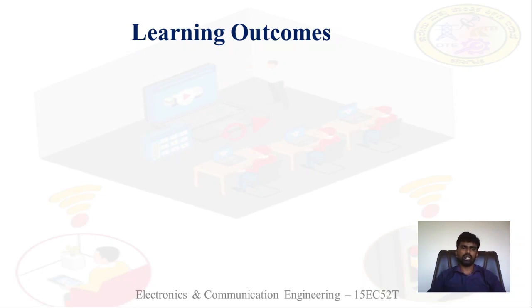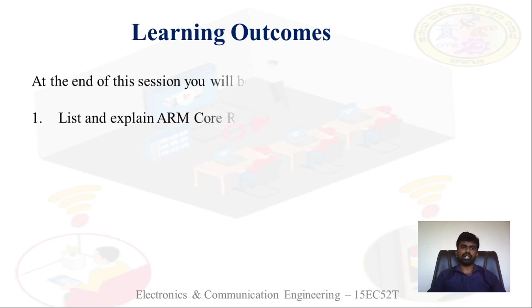Learning outcomes of this session are: at the end of this session, you will be able to explain ARM core registers. So, how many registers are there? What is the purpose of those registers? All these details you need to explain.